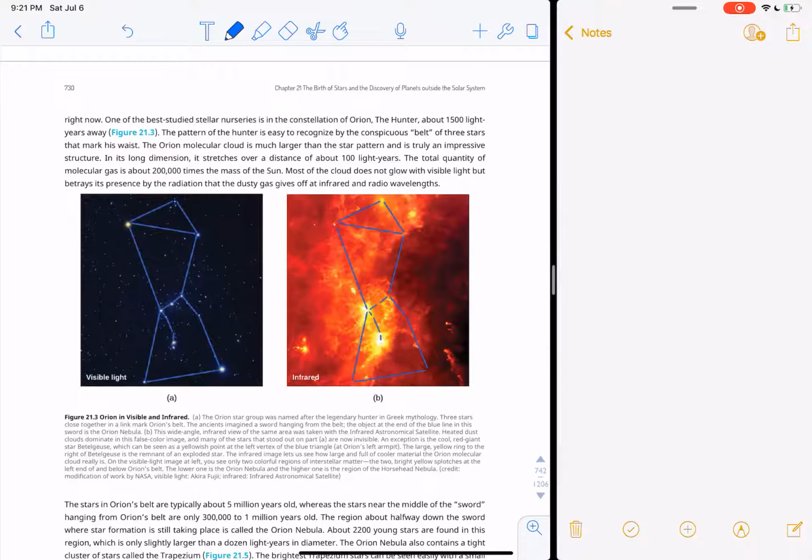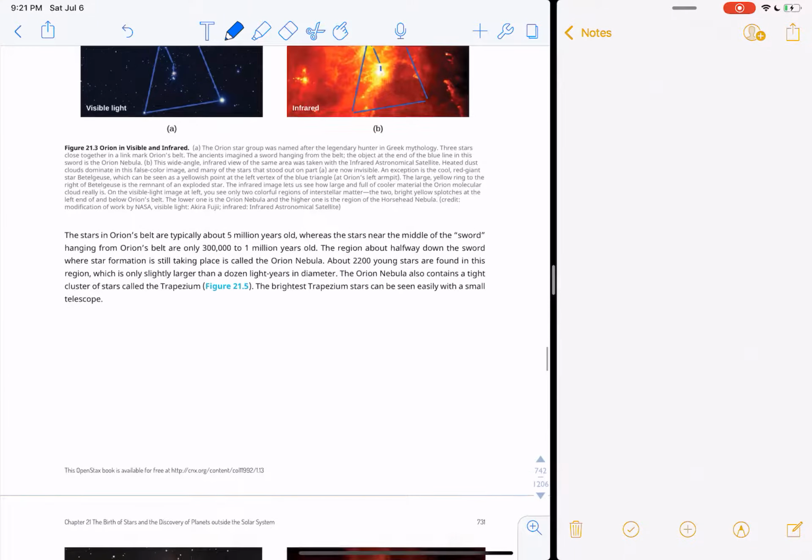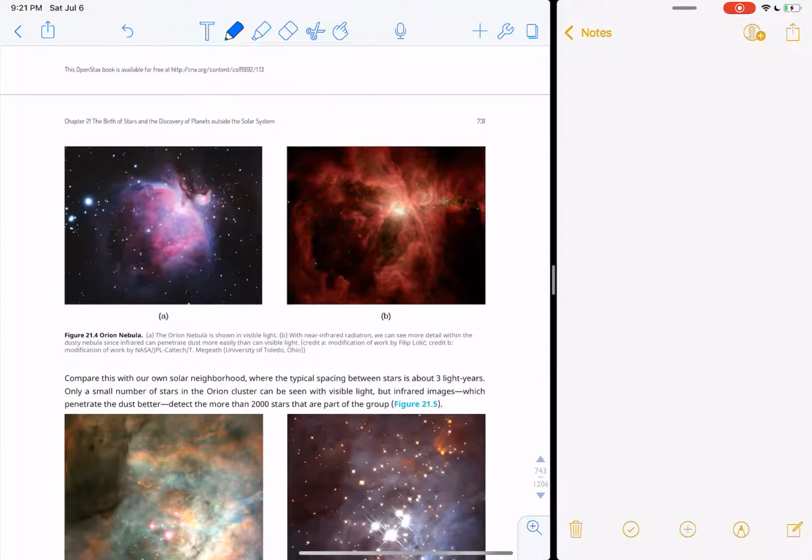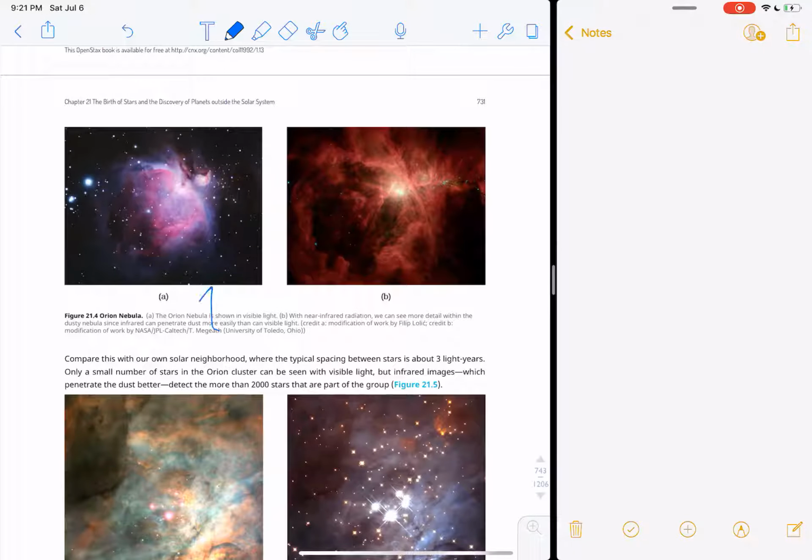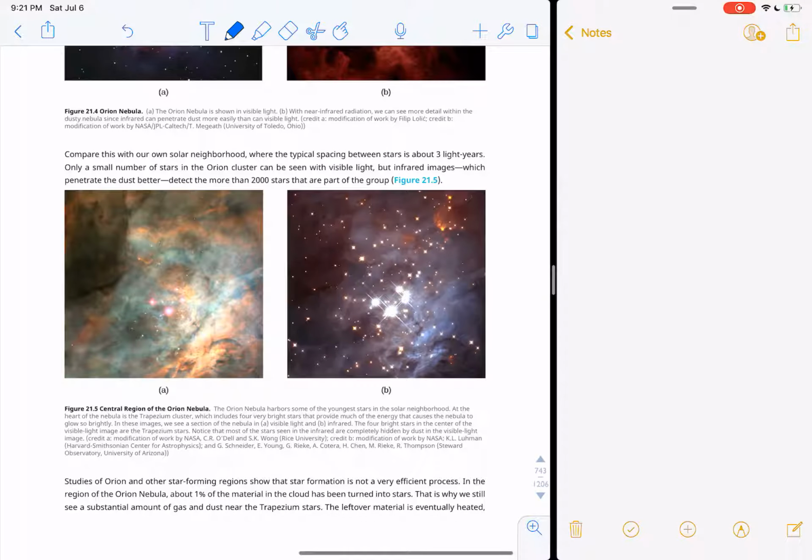This is pretty cool. There's the Orion Nebula down here, and there it is again in infrared. So you can see it's very bright, a lot of heat being generated as stars are being formed there. Okay, another zoom in of the Orion Nebula in different wavelengths. You can see here the central region of the Orion Nebula, B is the infrared light, and A is visible light.